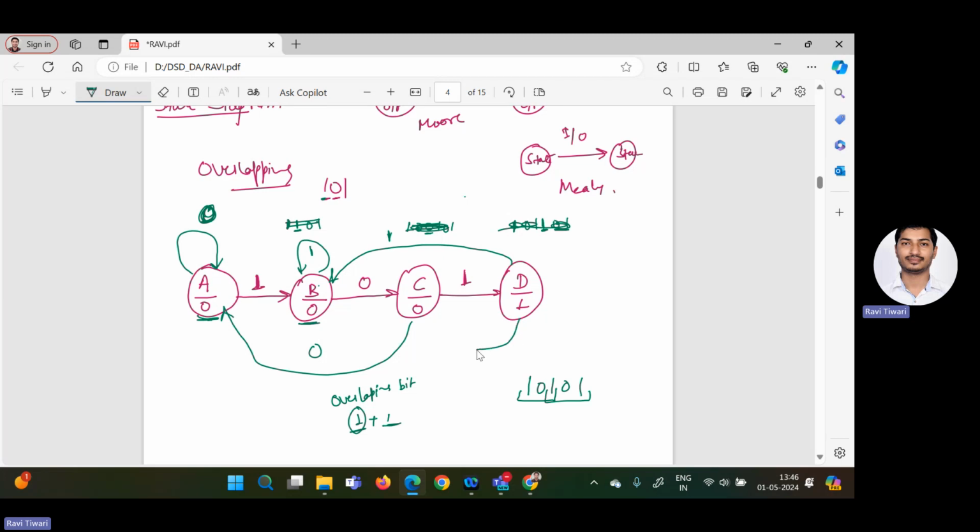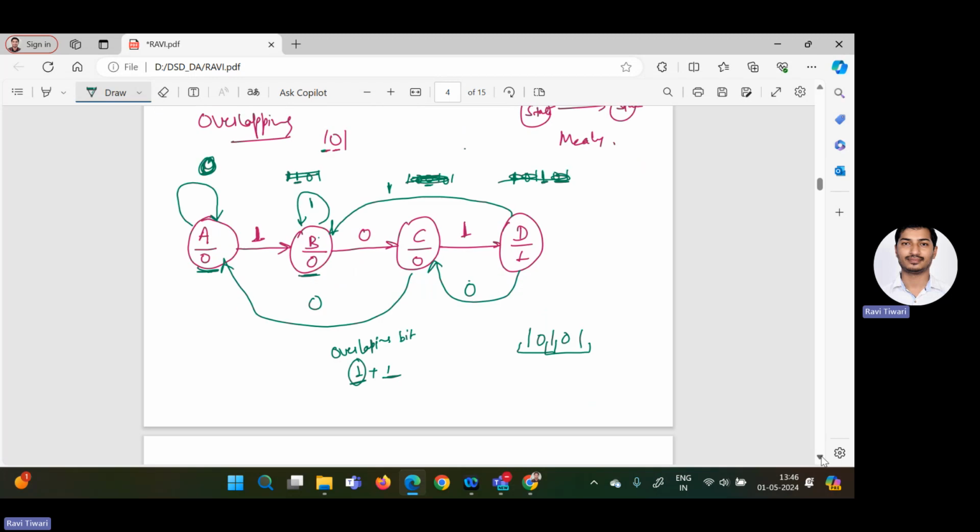So here you have to jump to the C state if you are getting 0. If there is a chance of 2-bit overlapping, in that case you have to skip 3 states from the beginning. Clear? If there is a chance of a single bit overlapping, then you have to skip 2 states from the beginning. If there is no chance of overlapping, then you have to skip only a single state. That's okay. Now this is the complete state diagram for the 101 overlapping case.